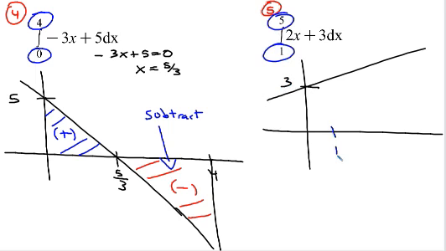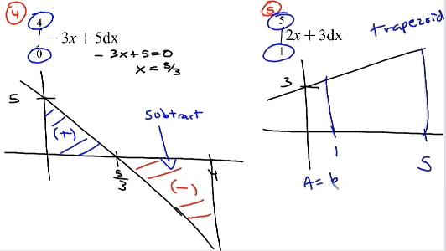So we're evaluating it from 1 to 5, which turns this thing into our old friend, the trapezoid. And we know that the area of a trapezoid is the average of the bases, base 1 plus base 2 divided by 2, times the height. Well, my height is easy on this problem. The height is 4. This is the height from there to there.